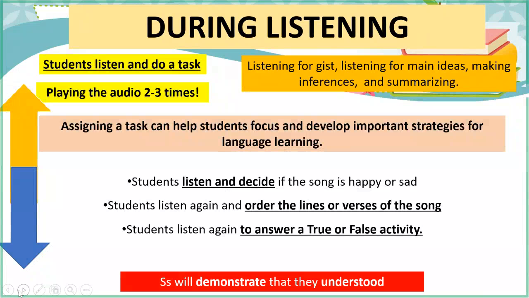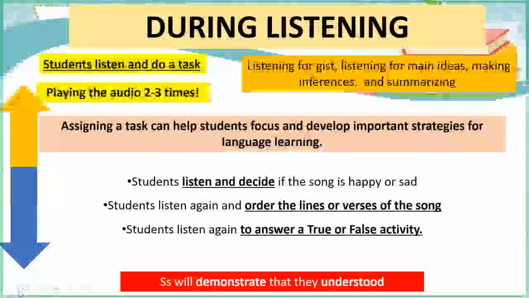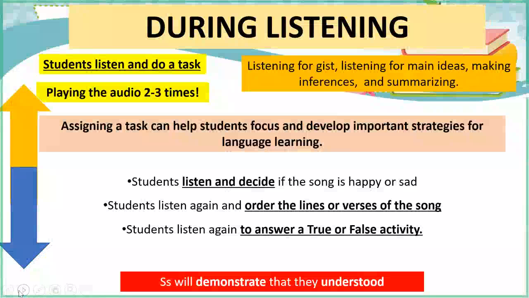So for example, if Pablito participates in the 3 activities, and you can see that in the third activity, the true or false, Pablito had 100, for example, or had everything correct. It means that Pablito understood. But then we have Maria, who maybe didn't listen well or maybe didn't do the true or false activity.